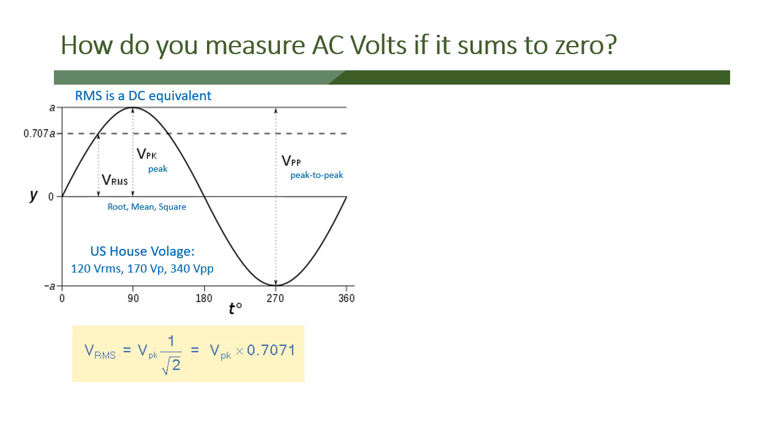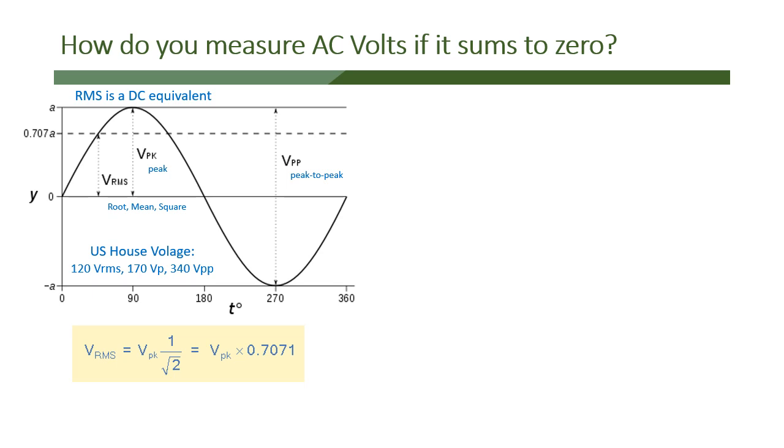I won't go into details of how that method is worked out, what it actually means, but just to understand that we have all made a convention across the entire world that when we measure voltage, the DC equivalent for that voltage, for AC, is going to be called VRMS, which stands for root mean square.